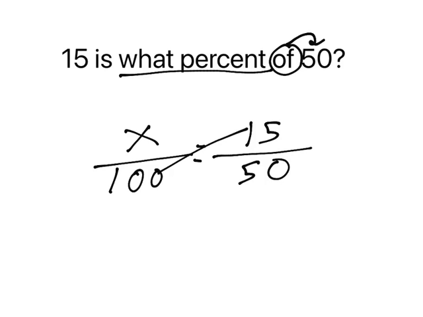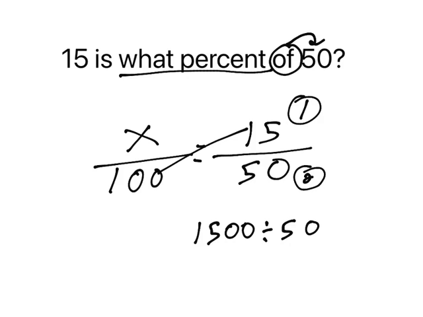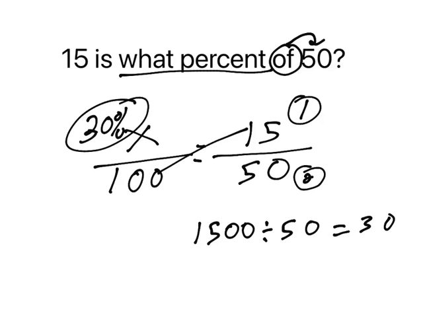Again, I'm going to start with the diagonal, and use that 15x. So 15 times 100 is 1,500, and I'm going to divide that by 50. If I divide that by 50, I get 30. So that's going to be 30%, and that's my answer: 15 is 30% of 50.